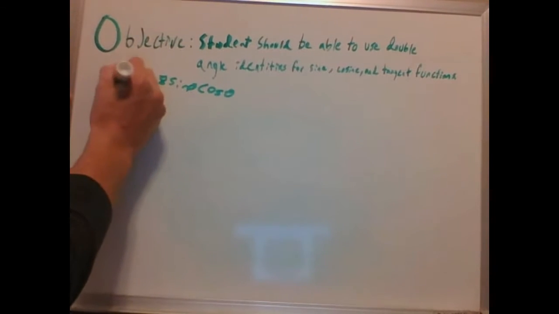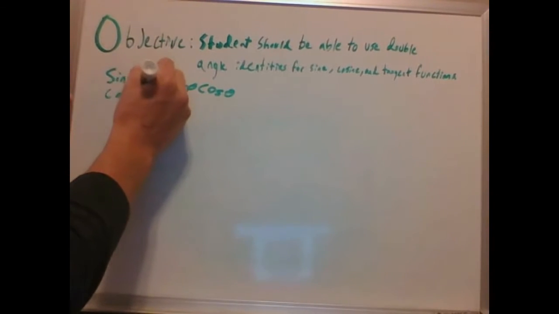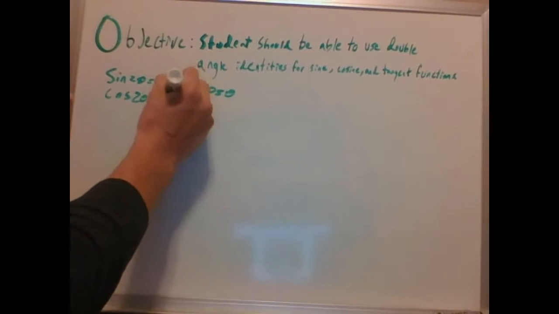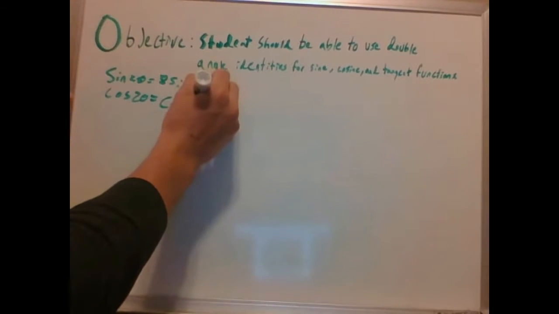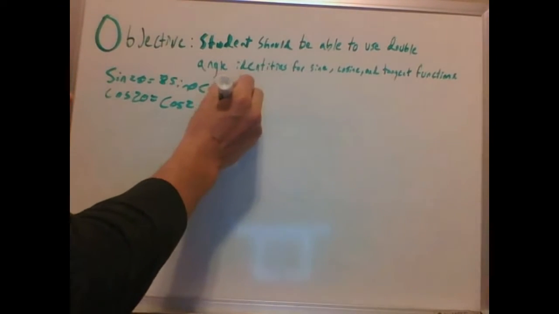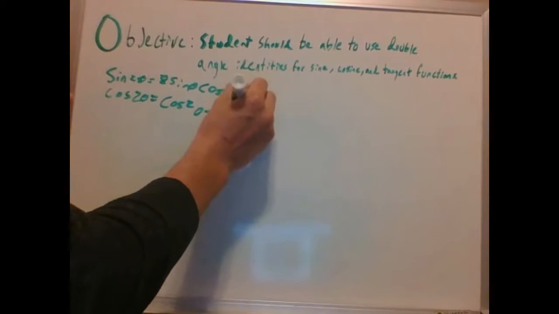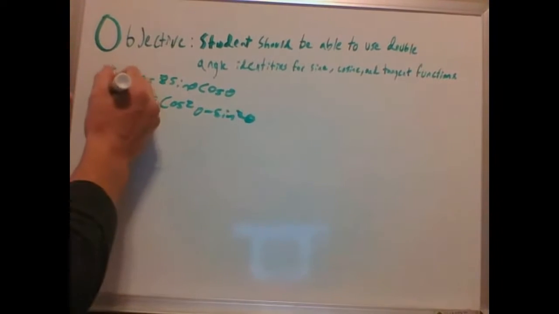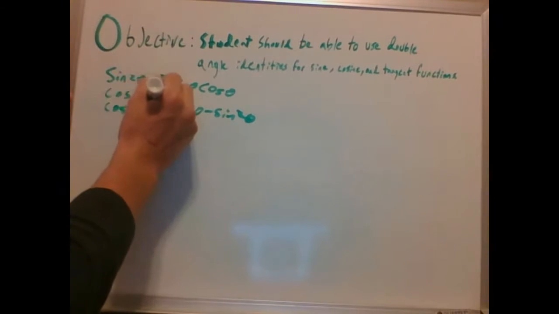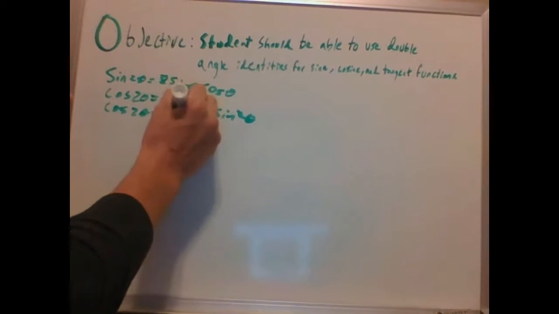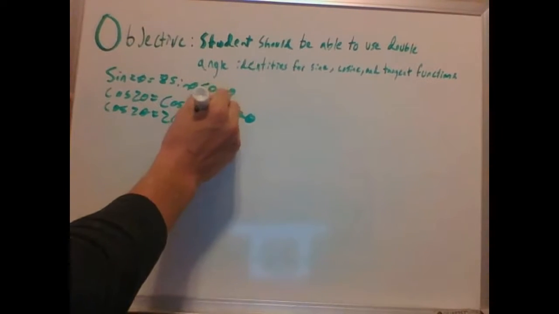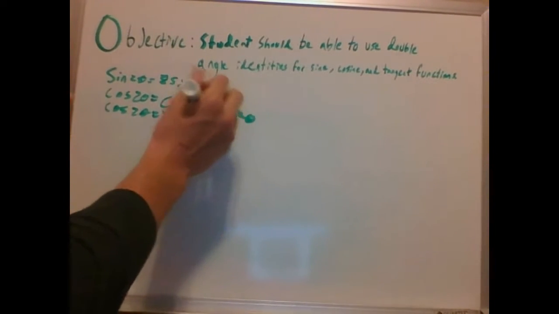And number 2 is cosine 2 theta equals cosine squared theta minus sine squared theta. And number 3 is cosine 2 theta equals 2 cosine squared theta minus 1.